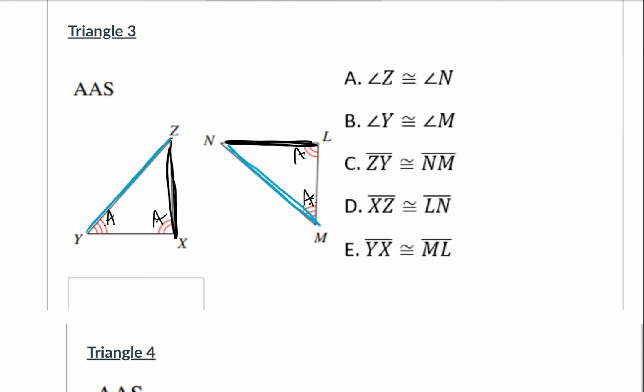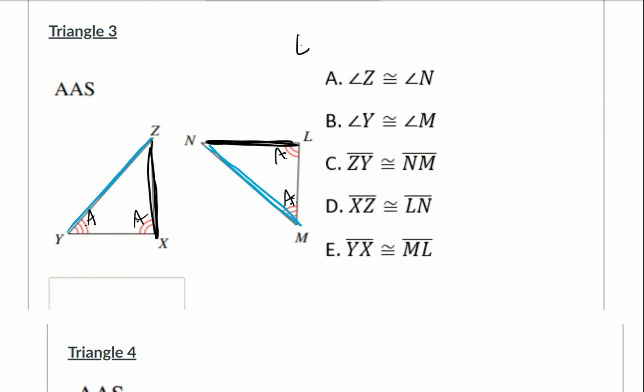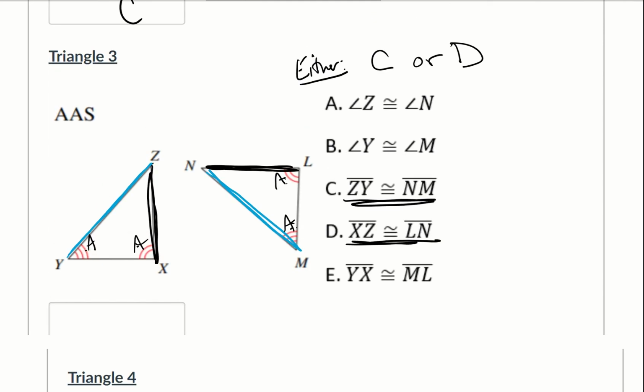So we can either know the blue pieces of information, or we can know the black pieces of information, the black sides. Those black sides correspond to each other, and these blue sides correspond to each other. So either we need ZY is congruent to NM, so either C, or we need to know that XZ is congruent to NL or LN. So either one of those would be correct. So you can type in either one of those as your answer.